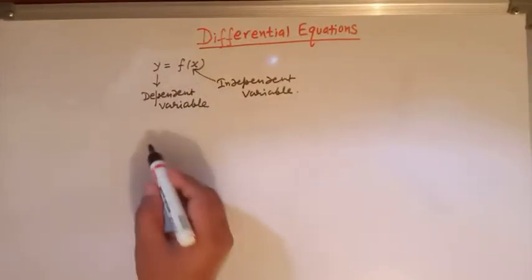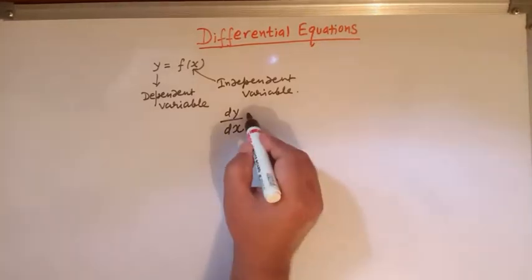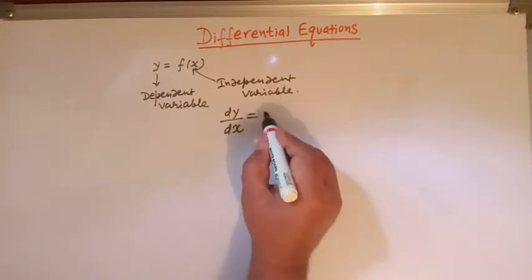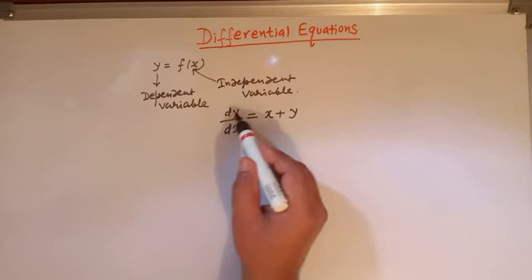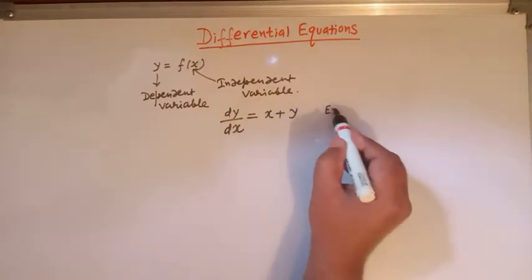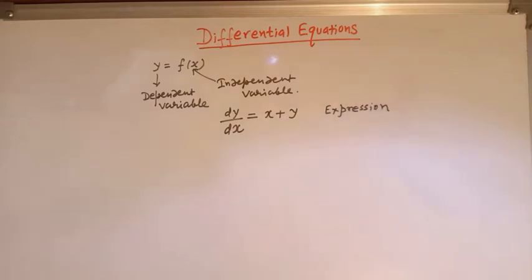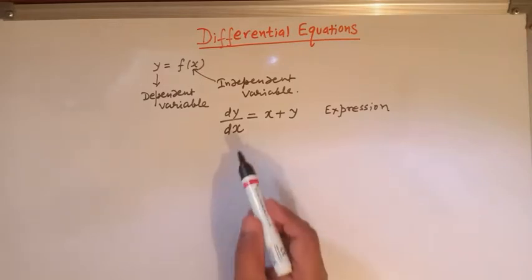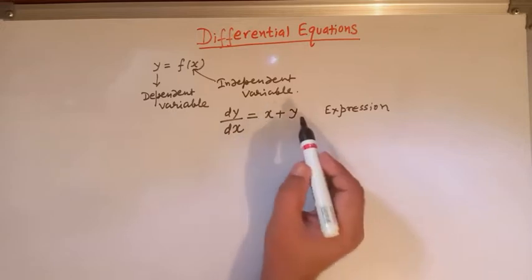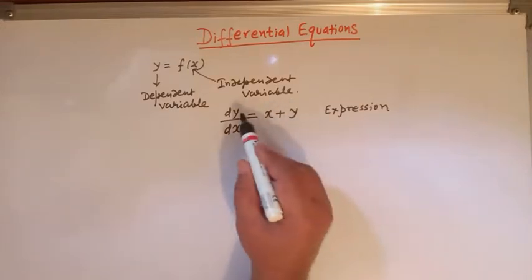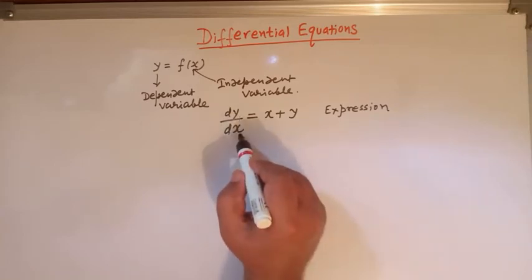Now, suppose we have dy over dx is equal to, say, x plus y. Clear? Now, this expression is known as a differential equation because it contains the independent variable, the dependent variable, and the derivative of the dependent variable with respect to the independent variable.